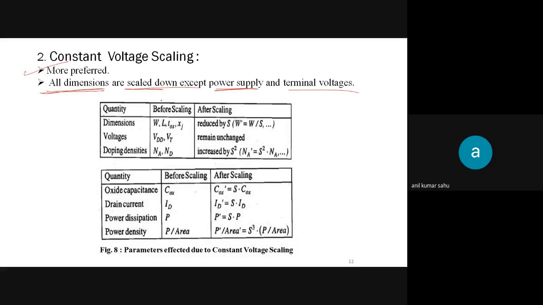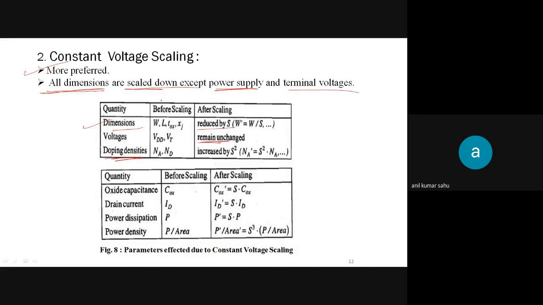We should not reduce or change our power supply and other terminal voltages by the scaling factor S. All the terminal voltages or power supply remain constant in this scaling technique. This is the importance of constant voltage scaling, and it is more preferred compared to constant field scaling. So all the dimensions are reduced by S, and voltage remains unchanged.